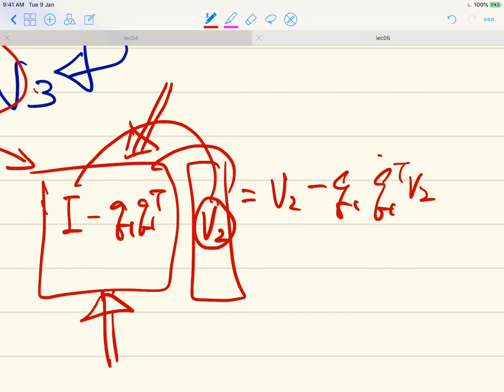So here we obtain the length of the line segment, multiply it with the basis vector, and then subtract it from the original vector, right?